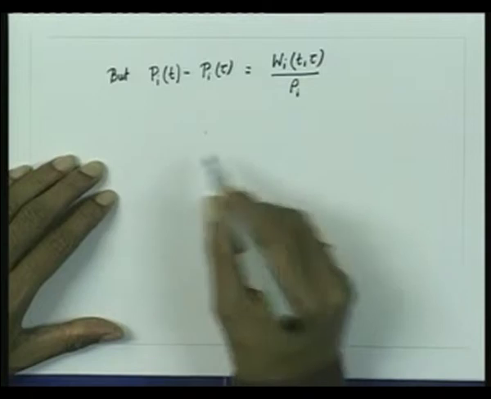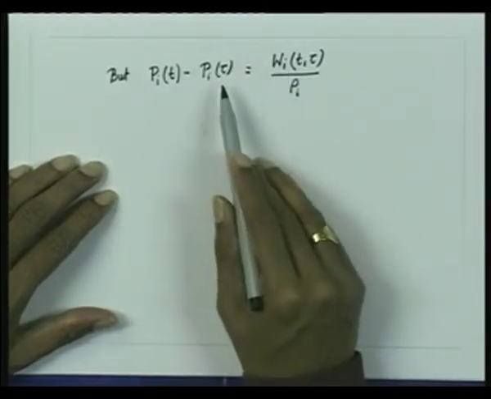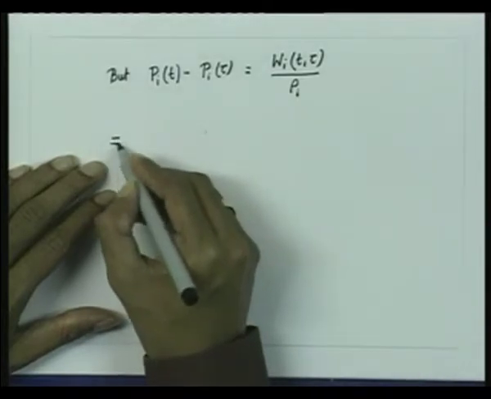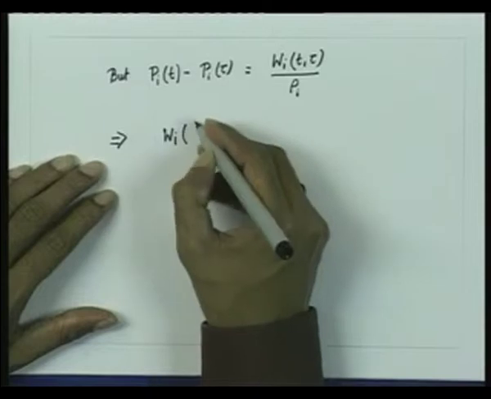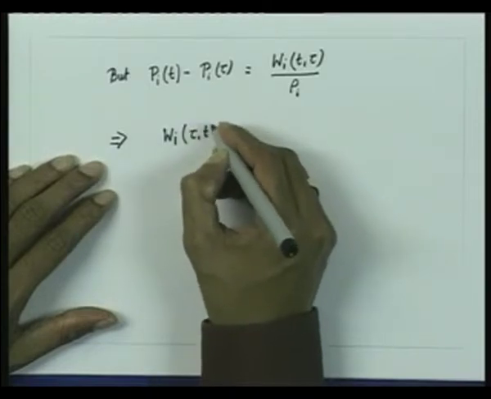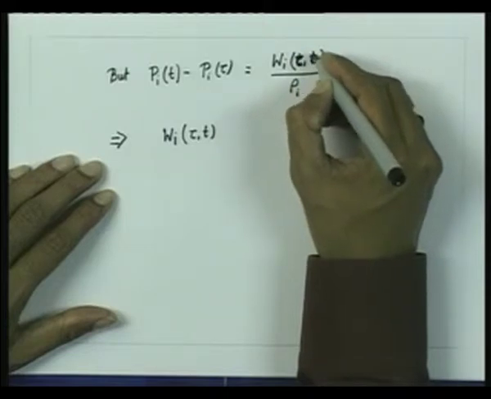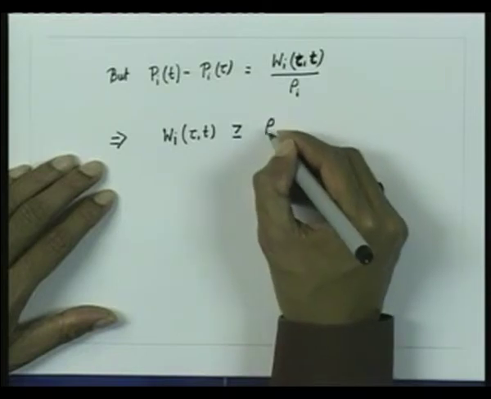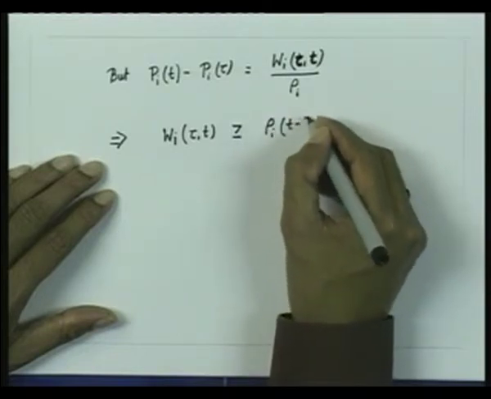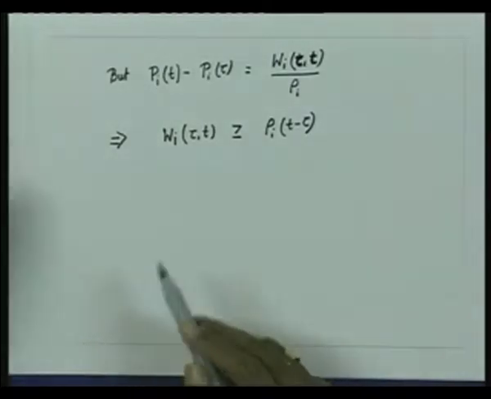Now this is the normalized service received by the session i during this active period. So therefore, w_i(τ, t) will be greater than or equal to ρ_i into t minus τ, and hence we have proved the result, okay.